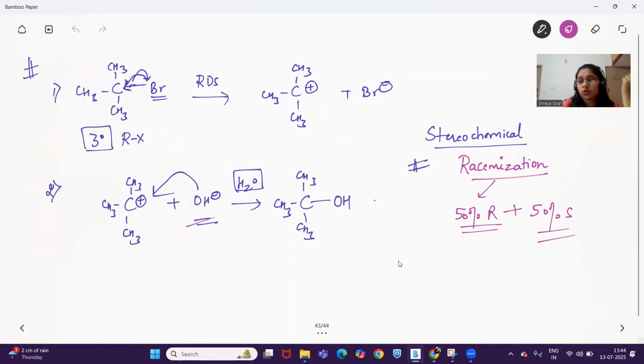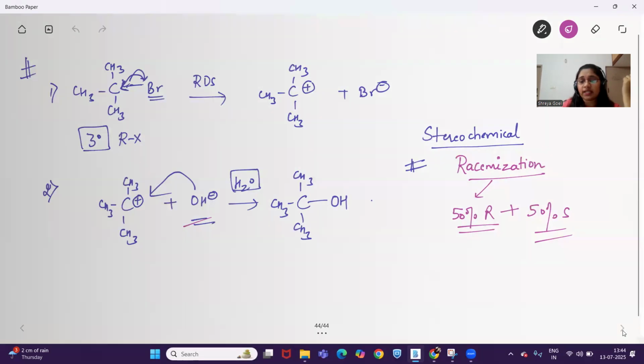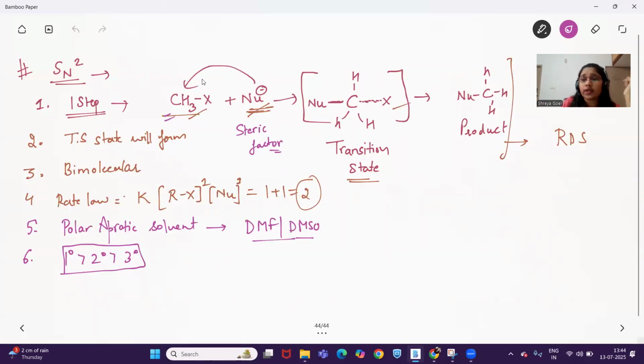But in the case of 1 degree alkyl halide, it is very easy to attack because it has a very small group, hydrogen. So nucleophile can attack easily. So steric factor has a very important role to play here. We can say 1 degree has more rate, 3 degree has least, 2 degree in between. So these are the very important characteristics of the SN2 mechanism.